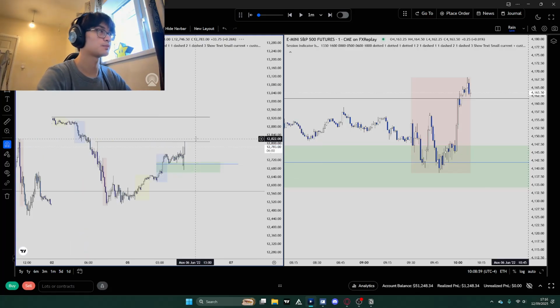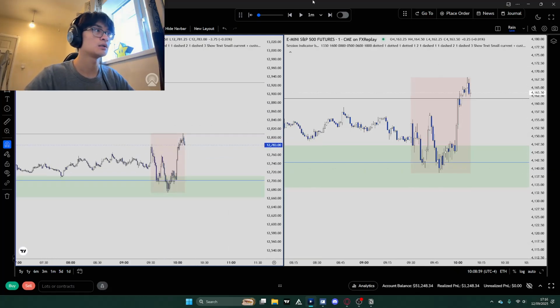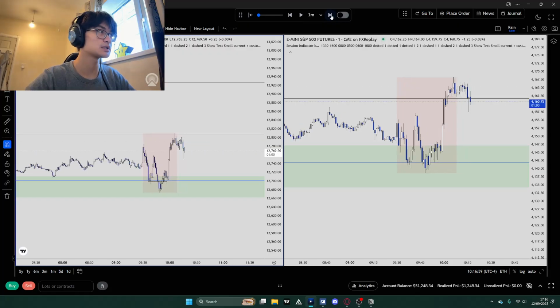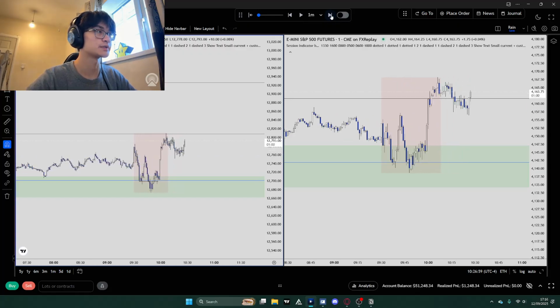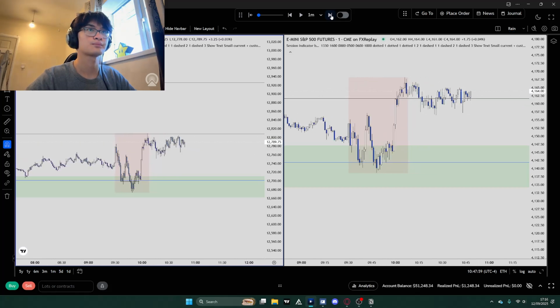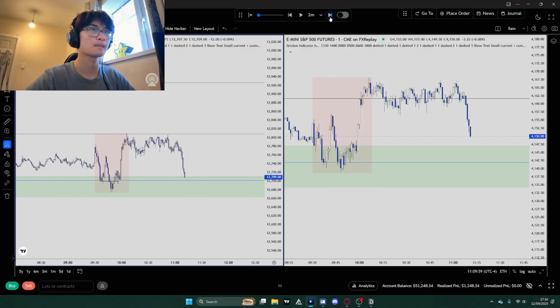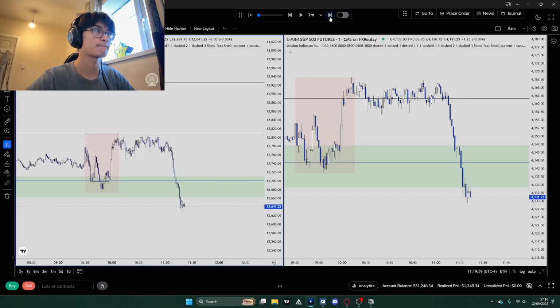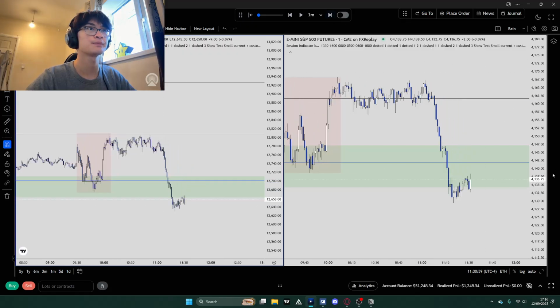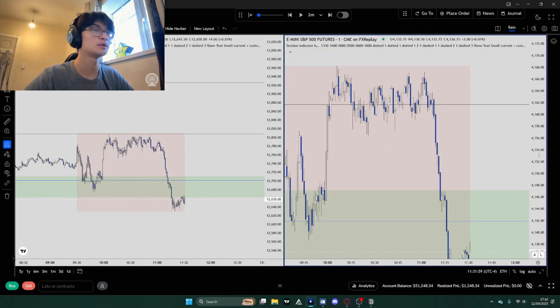So probably just want to keep seeing these highs get taken out, but kind of 50-50 here, reason for both sides. So just consolidating, and if we actually do dump, this could be no, it won't be.